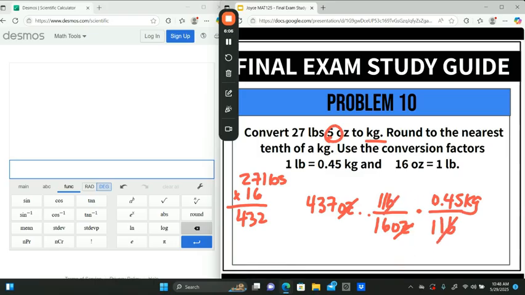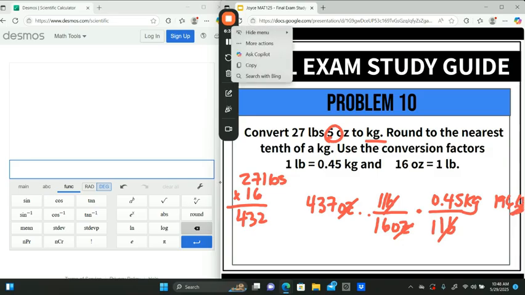And the pounds will cancel and my units will be kilograms, and that's perfect because that's exactly what they're asking for. Now, all that's left to do is multiply all of the top together and all of the bottom together. So I get 437 times 0.45 on the top gives me 196.65.